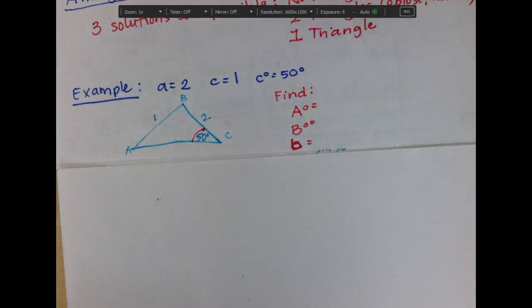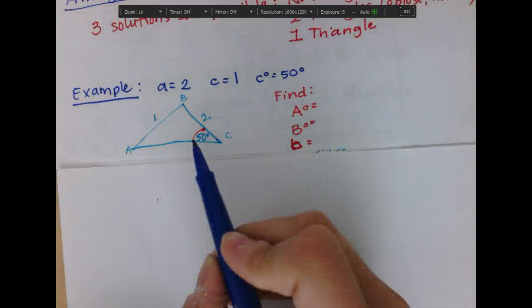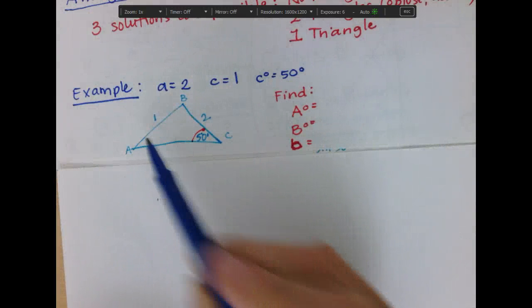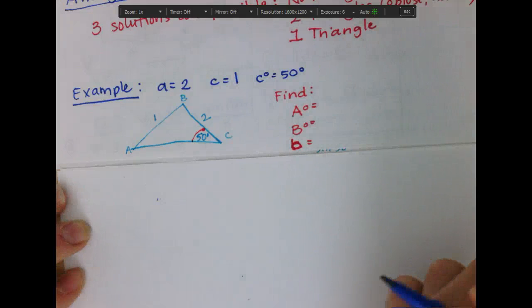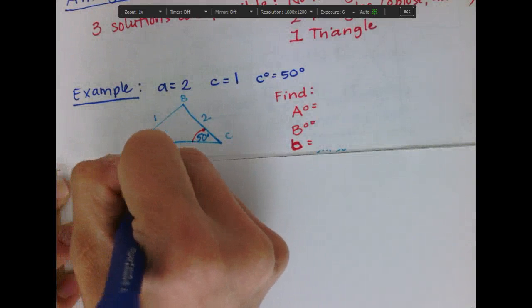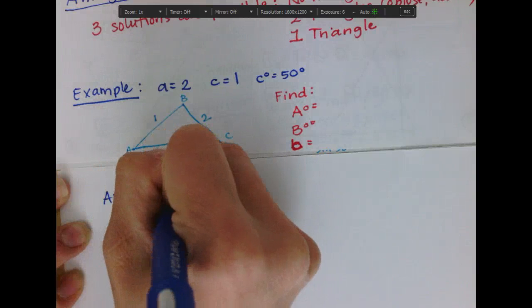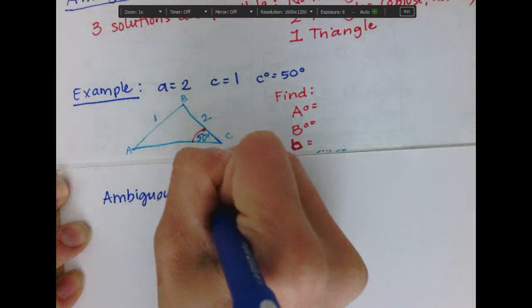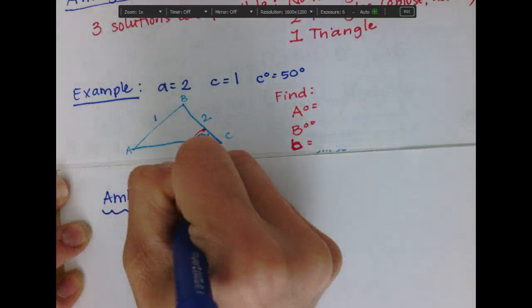Alright, so we can't use the triangle sum theorem, meaning that the 3 angles of a triangle add up to 180. We can't do that. So for the ambiguous case, here are the steps that we should follow.